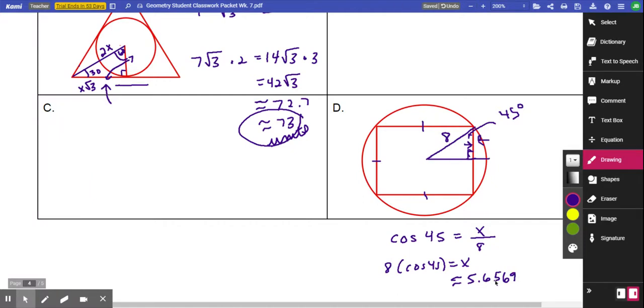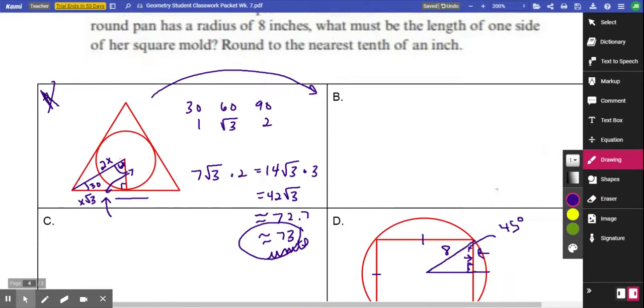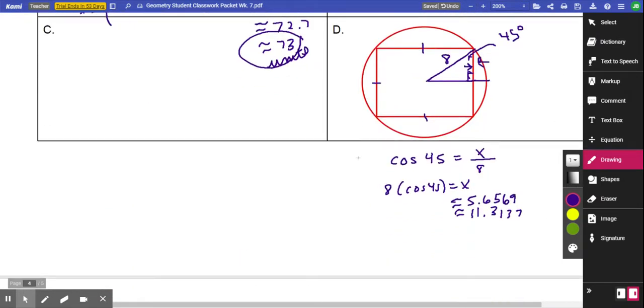Let me multiply that by 2 to get the one side length. So I have a side length of approximately 11.3137. And they want to know what must be the length of one side of the square mold, rounded to the nearest tenth of an inch. So the mold needs to be approximately 11.3 inches on each side.